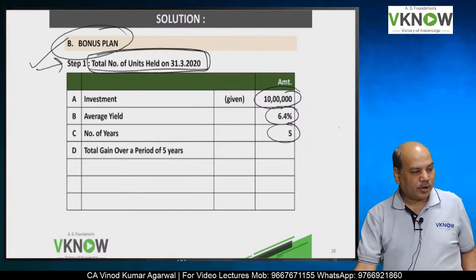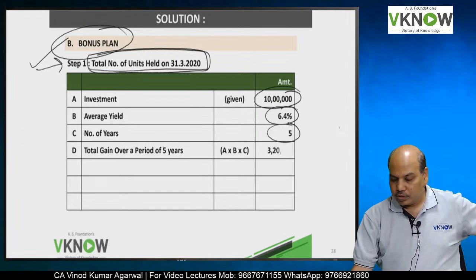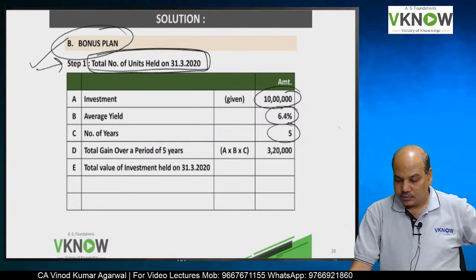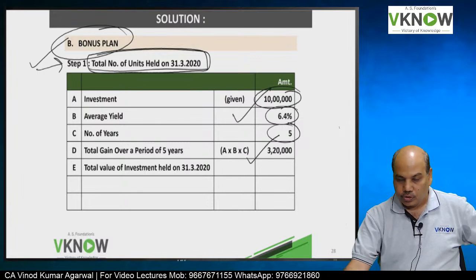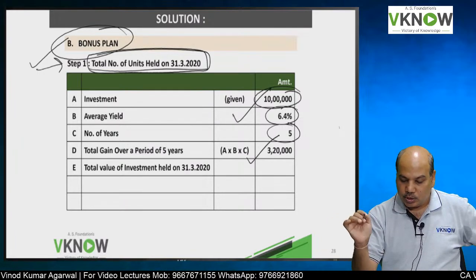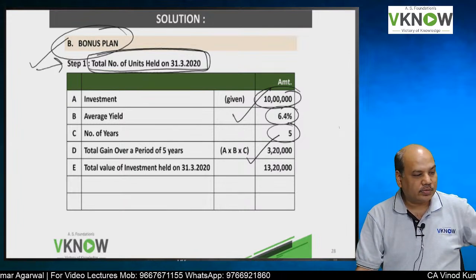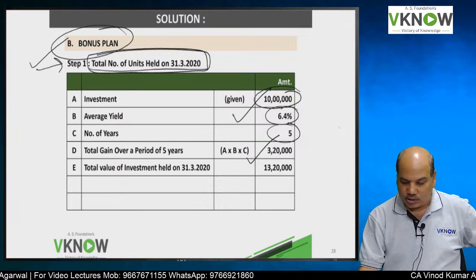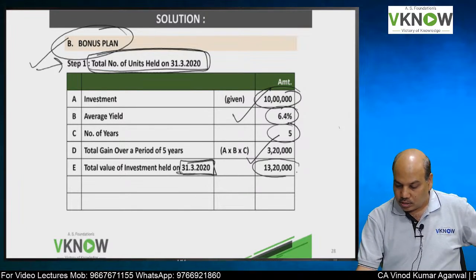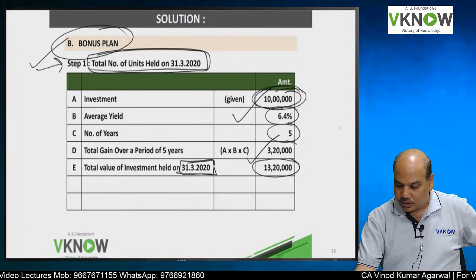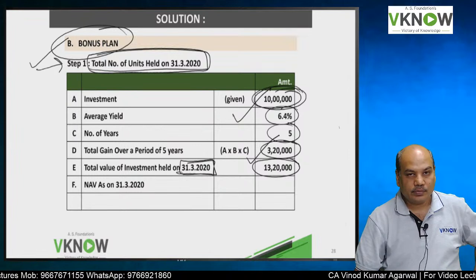Multiply the three numbers: 3,20,000. So you have invested 10 lakh and gained 3,20,000. The value of investment on 31st March 2020 will be, come on student, 10 lakh plus 3,20,000, that is 13,20,000.